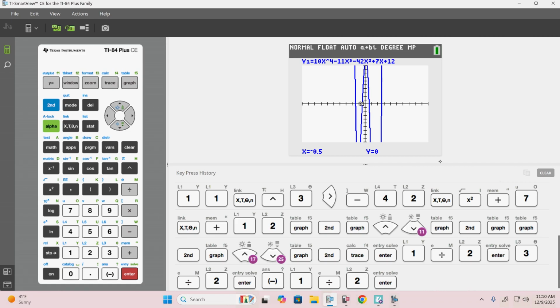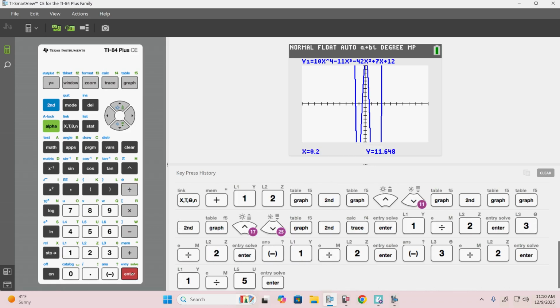So -1/2 worked. We didn't try -3/2 yet. So -3 divided by 2. Negative 3/2 gives us a y value of negative 5.25. Now I would just start going down that list. We can try 1/5. 1/5 did not give me a y value 0. Negative 1/5, negative 1 divided by 5. Well, that's out.